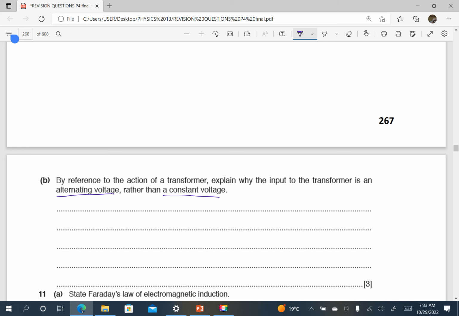So we are saying alternating voltage gives rise to a changing magnetic flux.